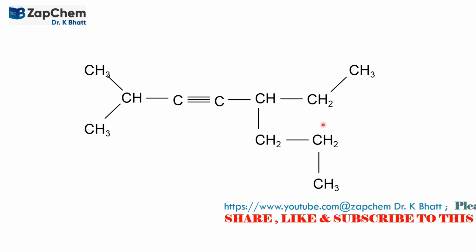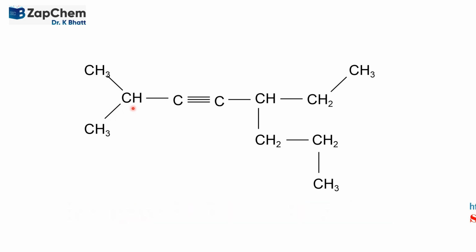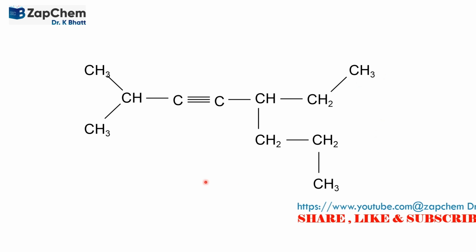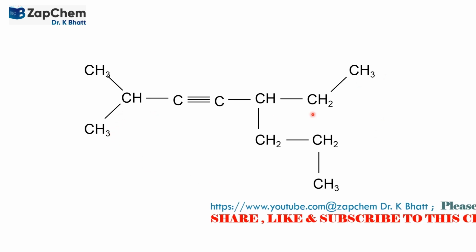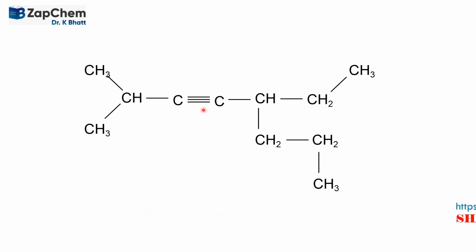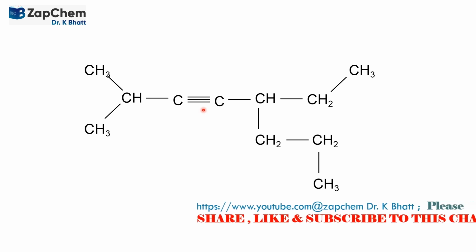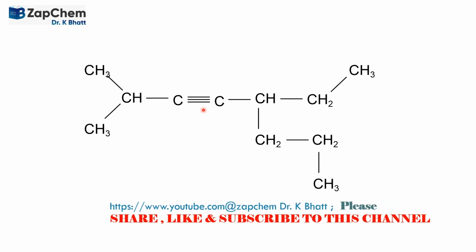As we find here, it consists of only C and H. There are substituents, there is a longest chain we have to find, and of course there is a triple bond also. So we have to find out which is the longest chain, and accordingly number it.